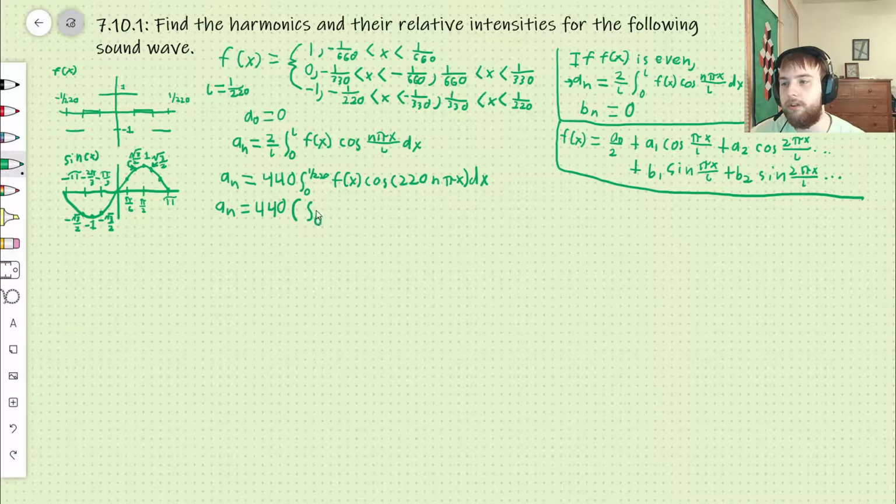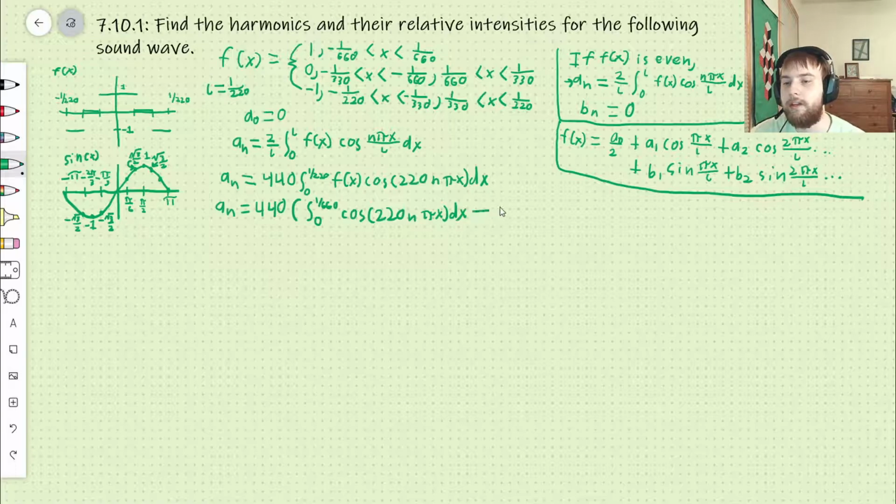From 0 to 1/660th is just going to be cosine of 220 n pi x dx.